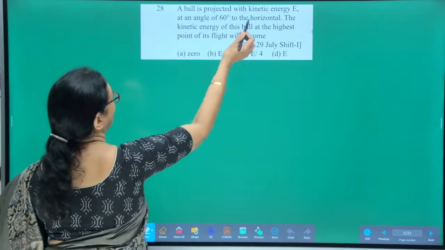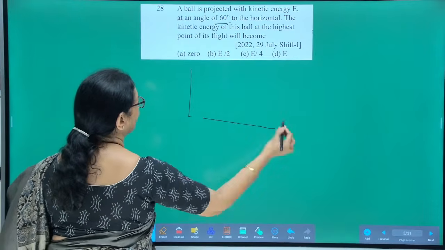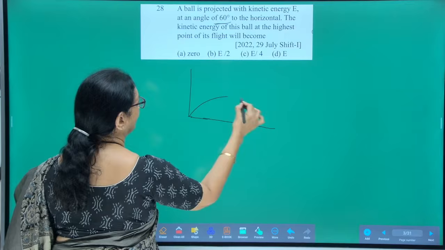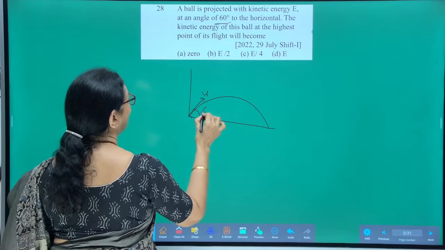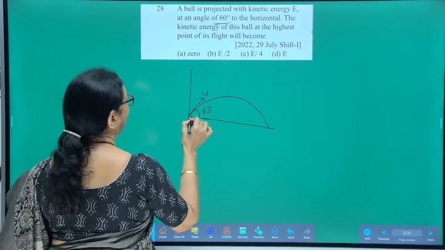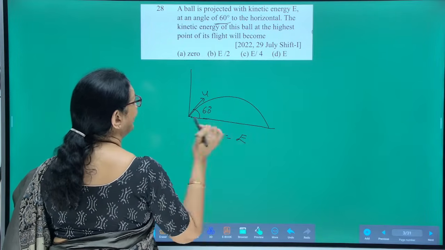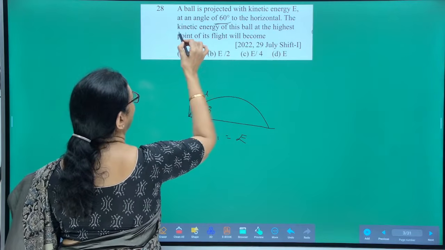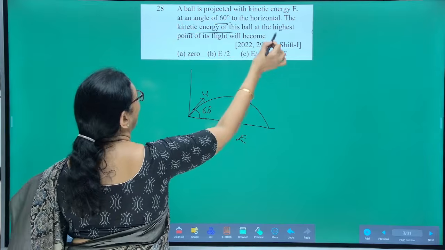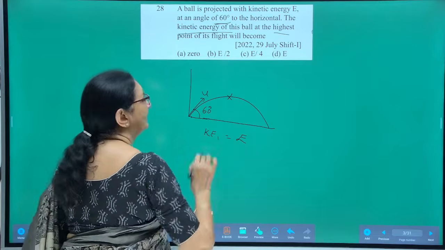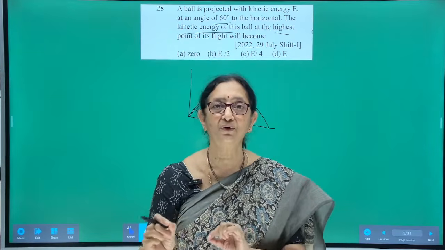Okay. Now, look here. A ball is projected with kinetic energy E at an angle 60 degrees. So this is the case of a projectile projected into air with a velocity u at an angle 60 degrees. Initial kinetic energy is given as E here. You are supposed to find the kinetic energy at the highest point. At the highest point of a projectile, velocity is u cos theta.